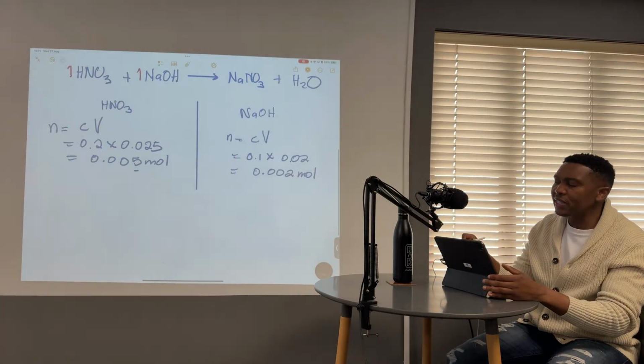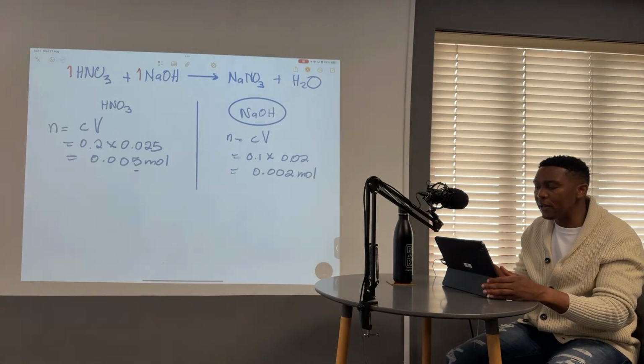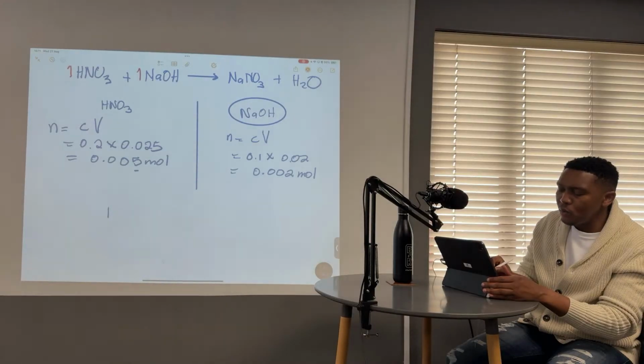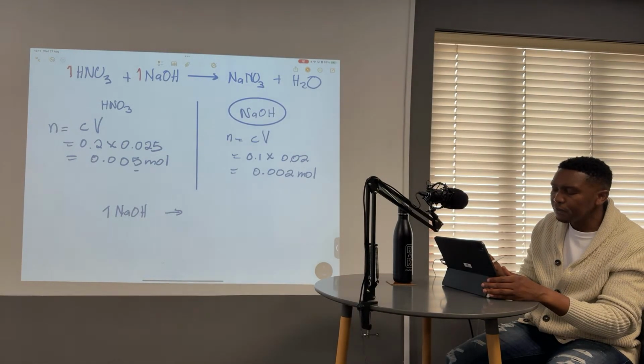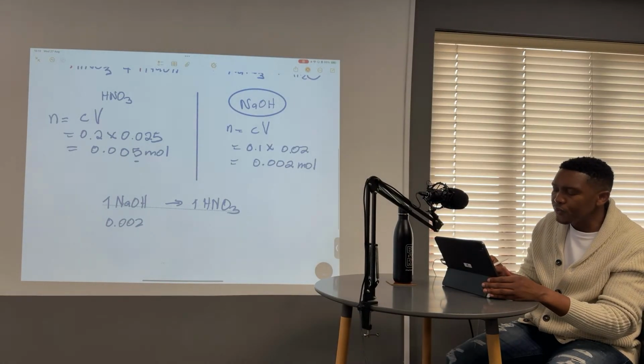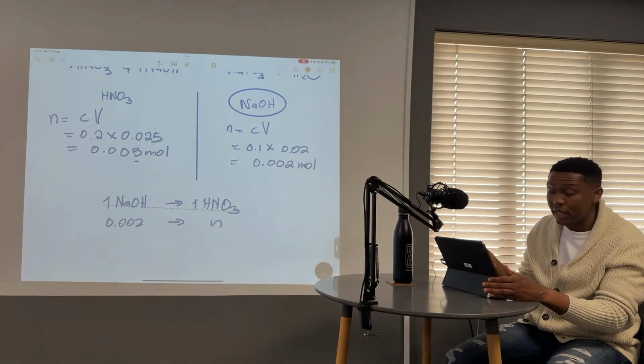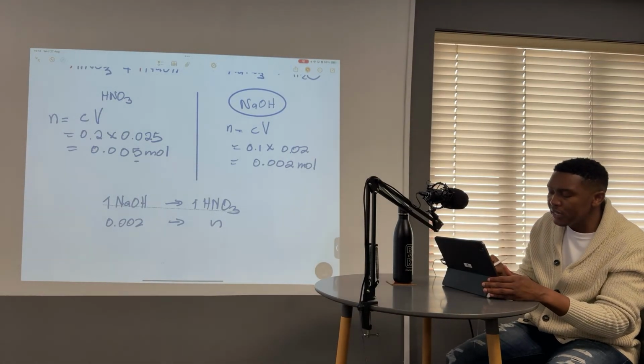So if, for instance, I assume that sodium hydroxide is 0.002, I'll say, well, for 1 mole of sodium hydroxide, I require 1 mole of nitric acid. So if I use 0.002 of sodium hydroxide, how many moles do I require of nitric acid?